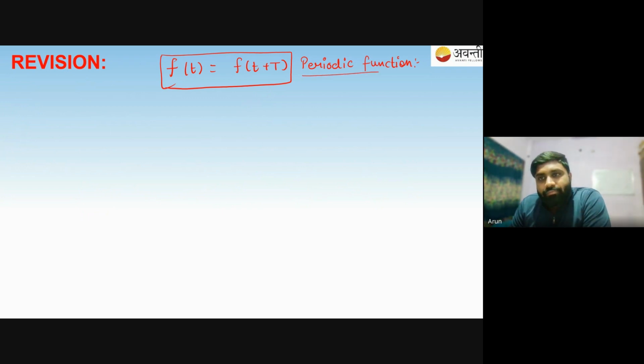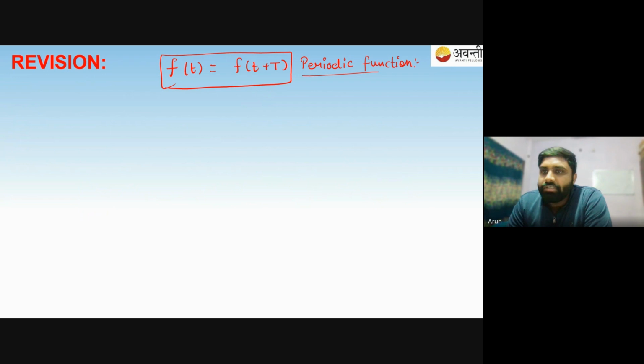What is oscillatory motion then? Oscillatory motion is also a motion which repeats itself after a fixed time interval. But what is the difference between periodic and oscillatory? Oscillatory motion is a to and fro kind of motion, back and forth. Second thing, it is bounded motion.